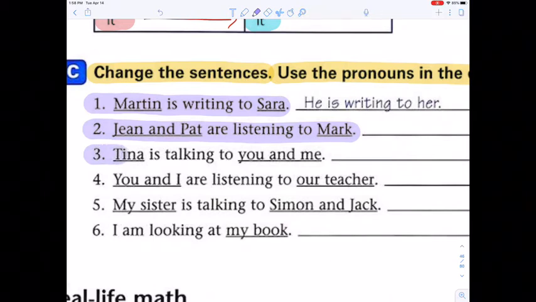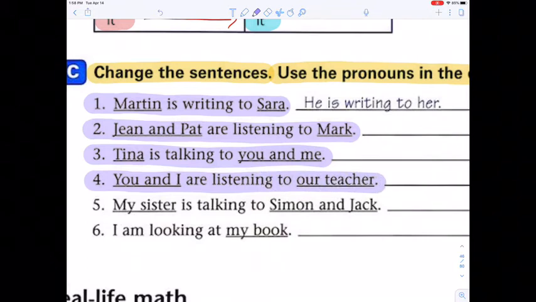Number 3, Tina is talking to you and me. Number 4, you and I are listening to our teacher. Number 5, my sister is talking to Simon and Jack. Number 6, I am looking at my book.